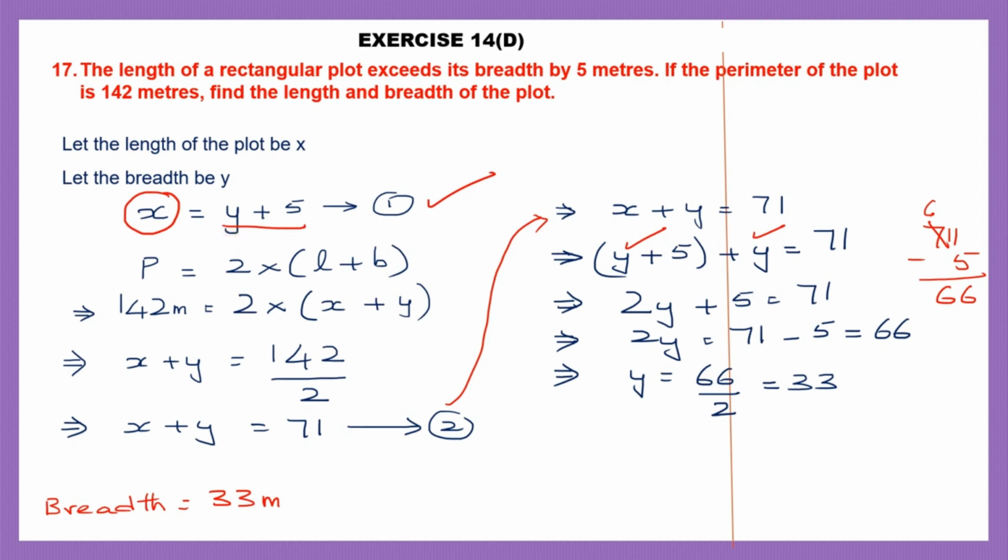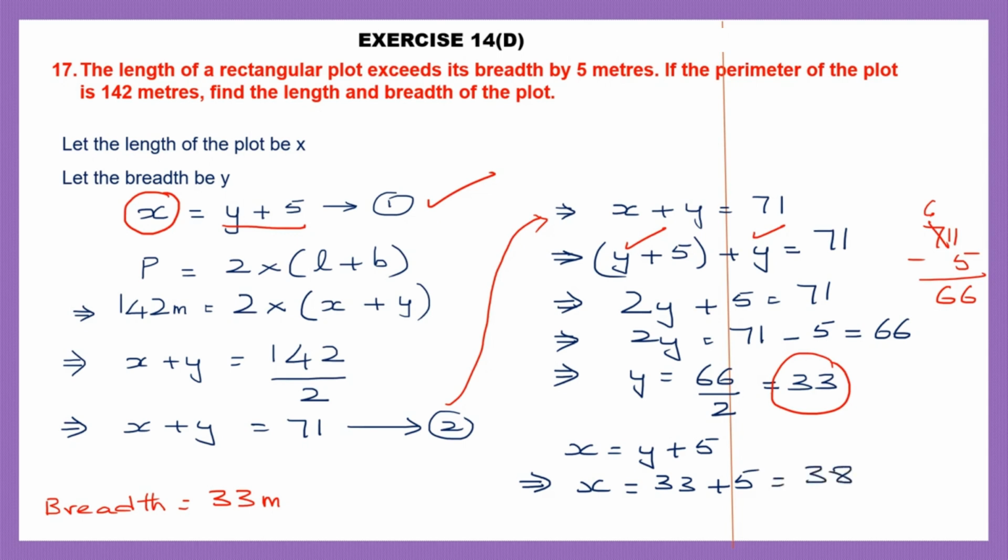So x is equal to y plus 5. Y is 33. We found y to be 33. So 33 plus 5, which is 38.